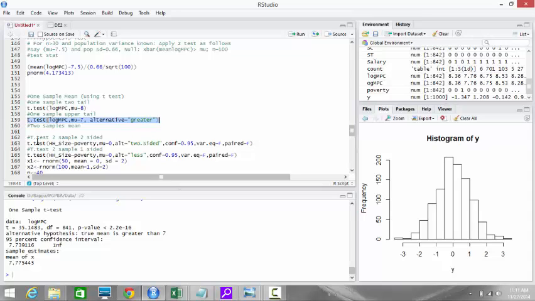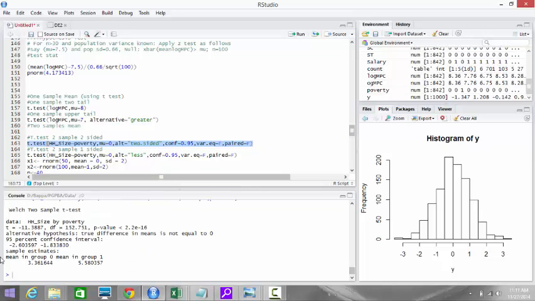So if we do this, what we get, again, is a value of t of minus 11.3887, and the p-value is extremely small. This is the mean in group 0, the mean household size for people who are below the poverty line.